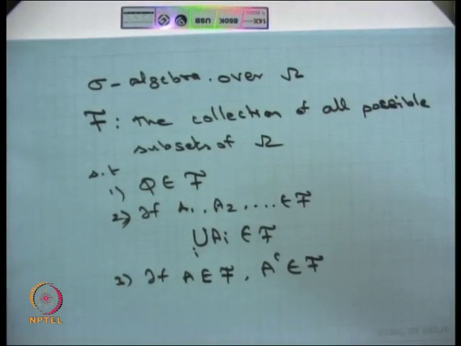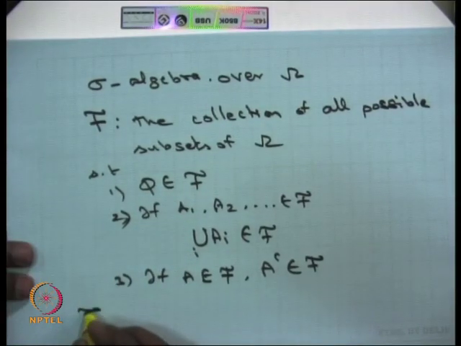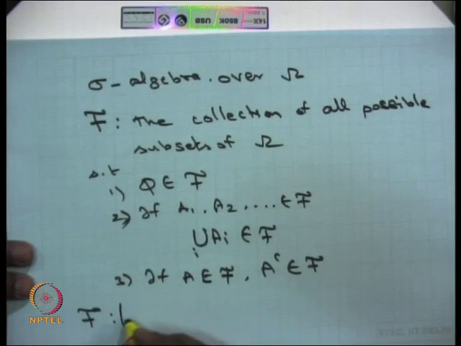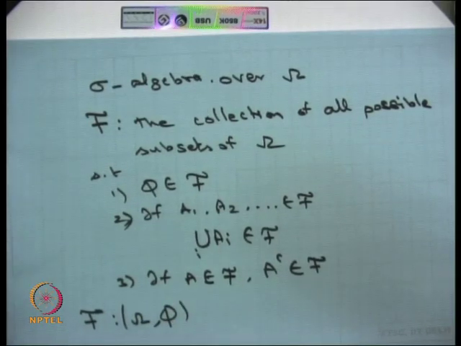That means you can go for making the trivial F, which contains only the empty set as well as the whole set. This is also one of the sigma algebras over omega, the default one.